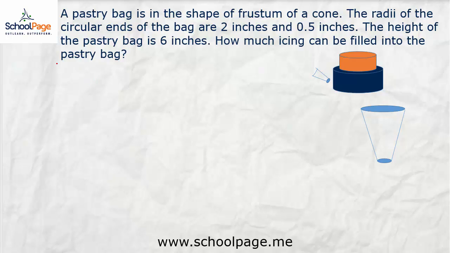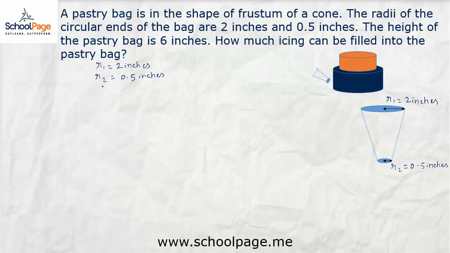Let us first write the data that is given to us. The radii is given as 2 inches, so let us take R1 as equal to 2 inches. Then we have R2 as equal to 0.5 inches.